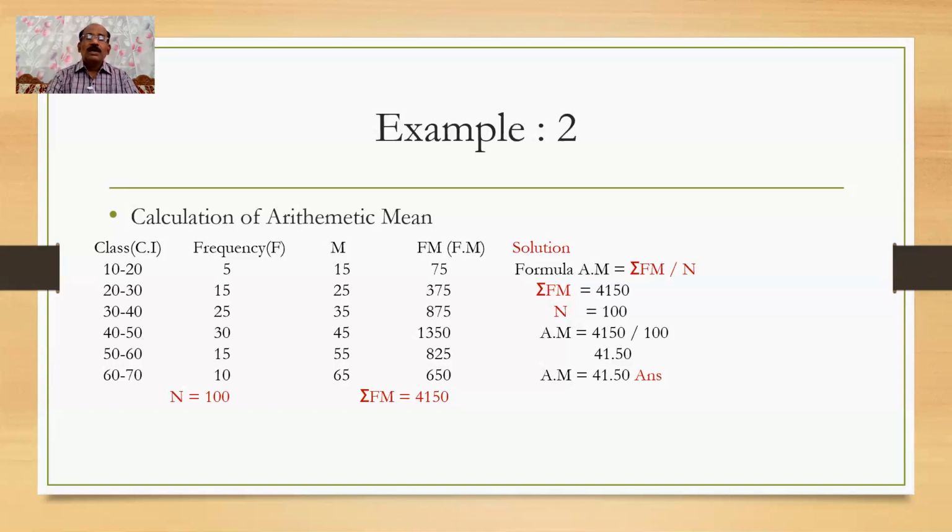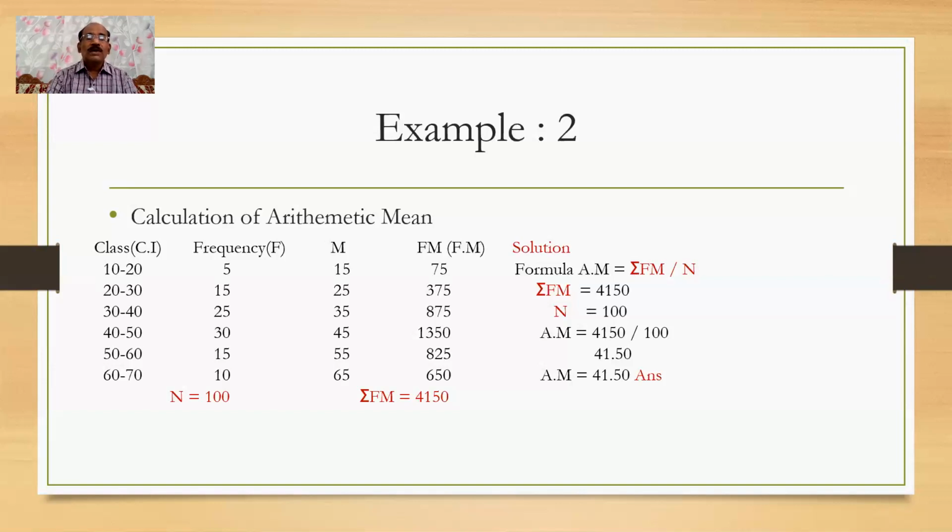In the formula, what is asked is sigma Fm. Fm means the product of F and m. That means F into m is equal to Fm. In the first row, for the first class, frequency F is equal to 5. Mid value is 15.